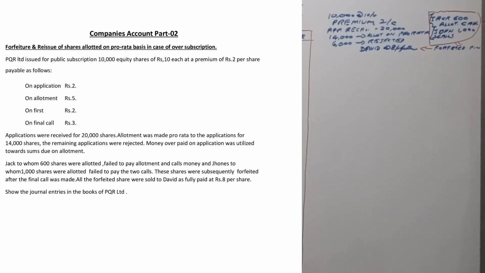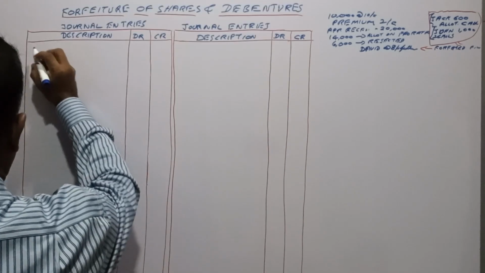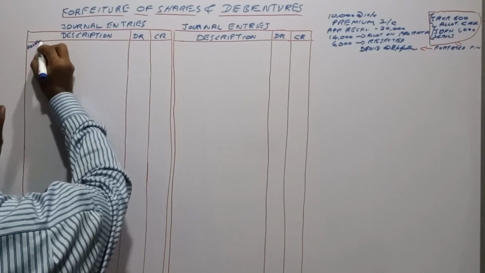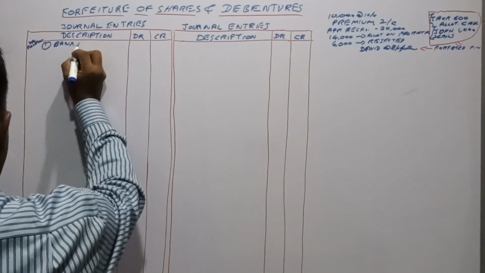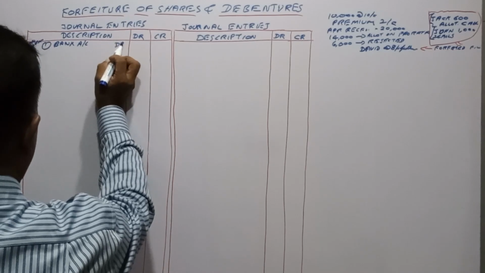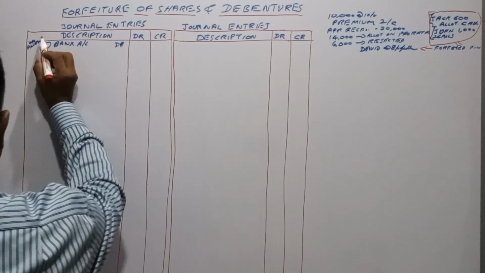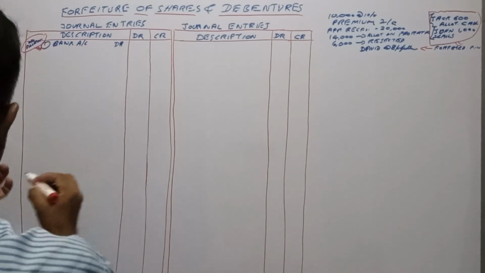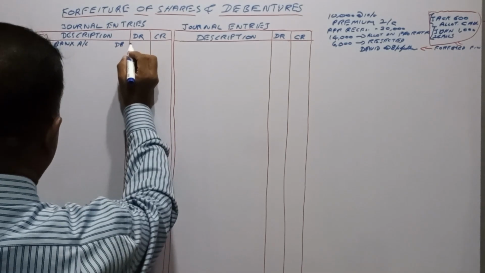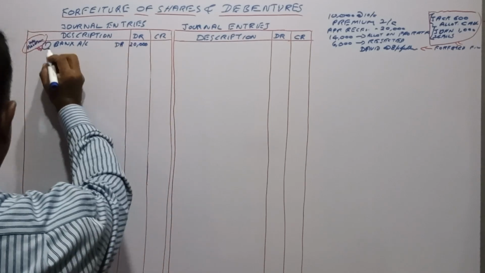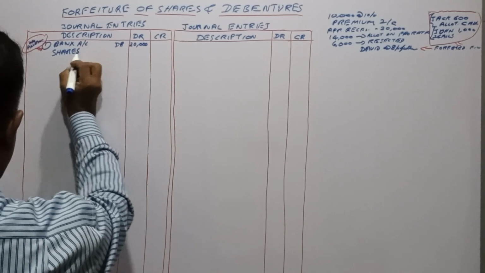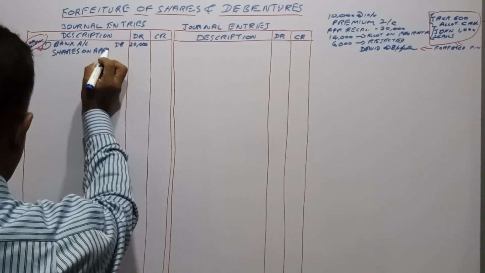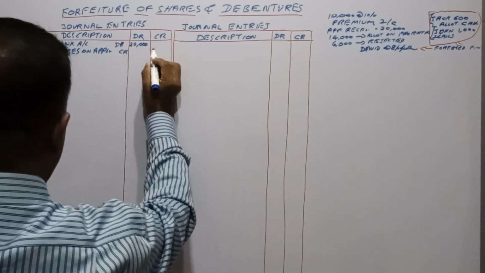Then the entry is: Bank account debit, on application level, 20,000, Shares on application account credit 20,000.